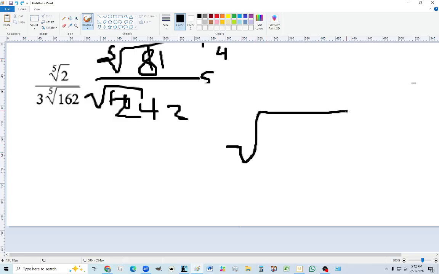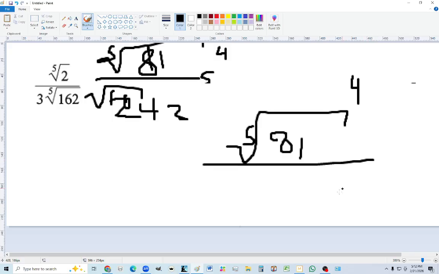You'd end up with 81, 5 root to the power of 4 up top. And down below, you'd end up with 3 times 81, which is 243. Might even be possible to simplify again, but I don't think so. 32 is the lowest form of 2.